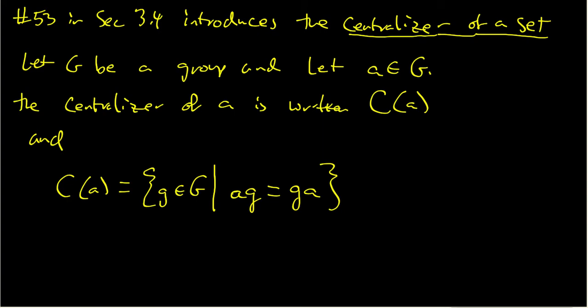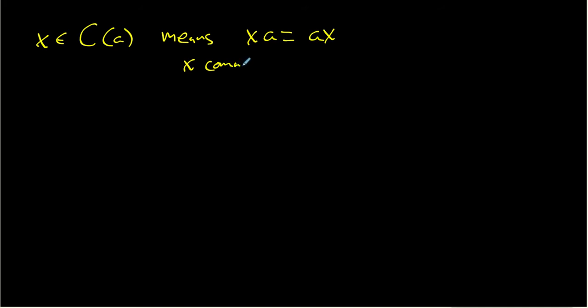So let's go ahead and do that, because a lot of students get confused between centers and centralizers. So X inside the centralizer for an element means X does commute with that specific element named A.